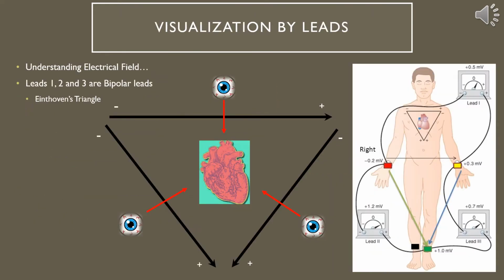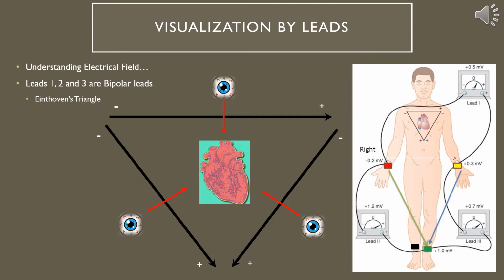So when we are looking at an EKG, this is a somewhat interesting process of evaluating positive and negative electrical fields through the chest wall. Your EKG machine is hooked up with different positive and negative electrodes that are placed systematically on your person.